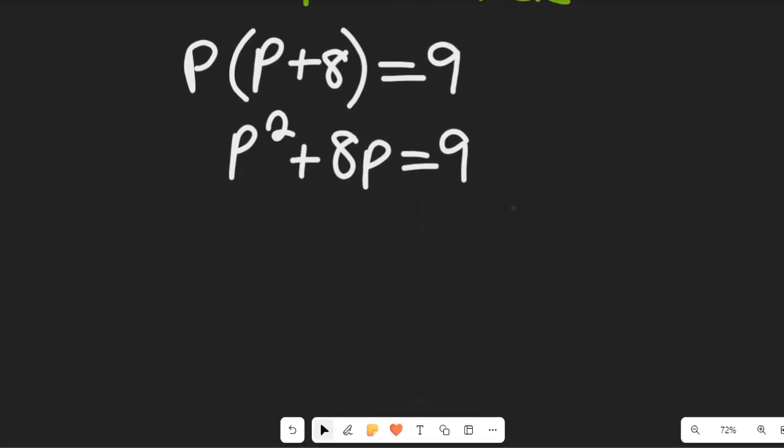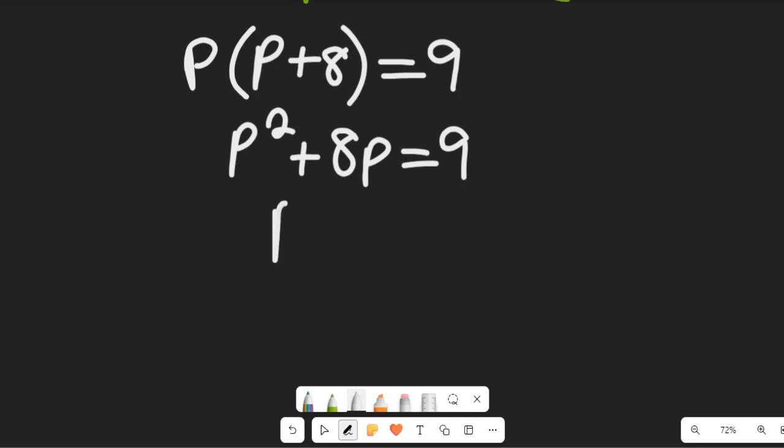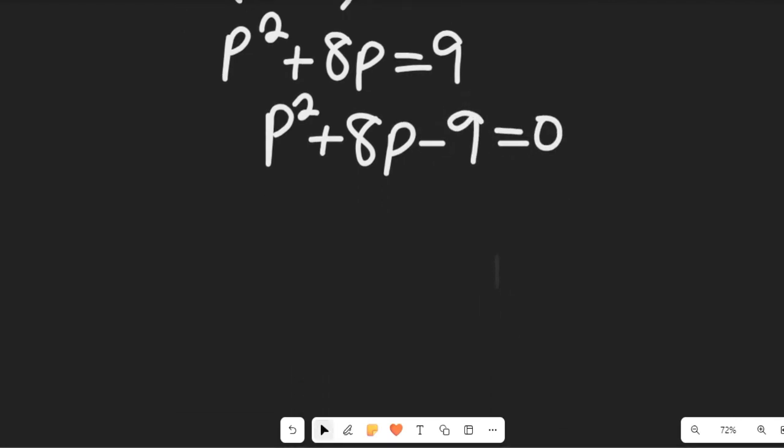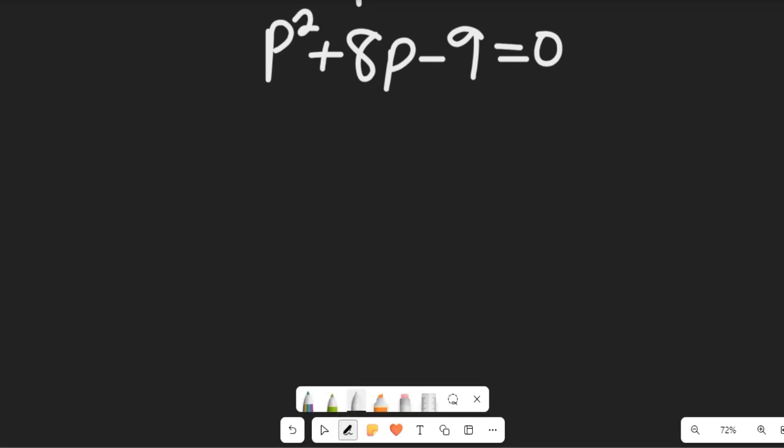In the next step, I'm going to regroup it such that it becomes a quadratic equation. p squared plus 8p minus 9, and this will be equal to 0. Great. Now let's solve that quadratic equation so as to get the values of p.